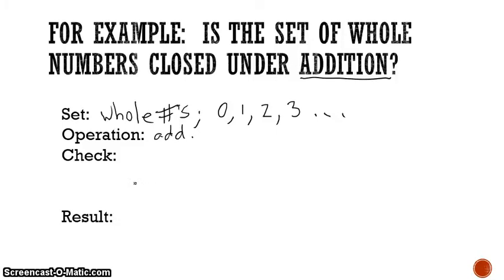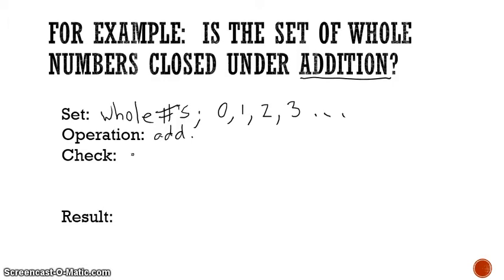Now to check this, I need to choose two numbers from the set of whole numbers. So you can choose 0, 1, 1, 2, 0, 3, 500 and 400. Doesn't matter as long as they're not negative and they're not fractions or decimals. So you have to choose numbers that only belong to the whole number set.